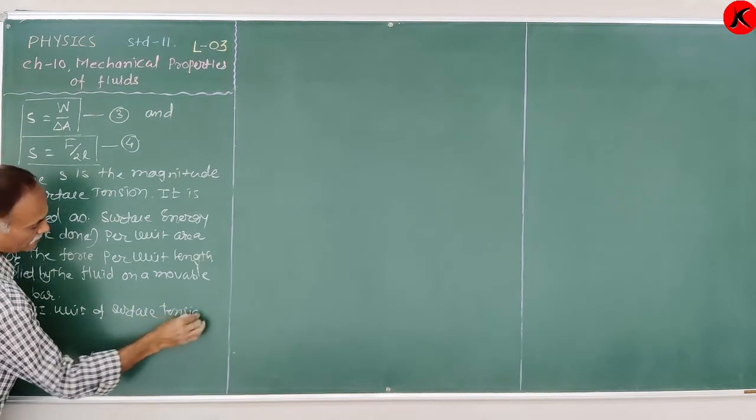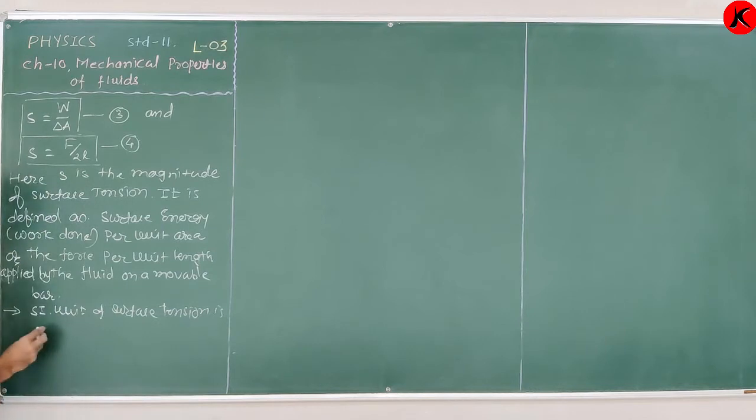is, as S is force per unit length, Newton per meter, or Joule per meter square, from the equation work done per unit area. Right?